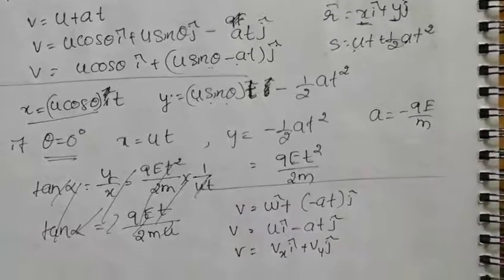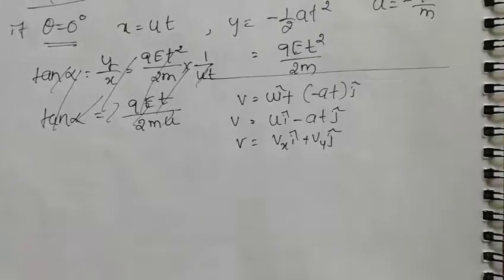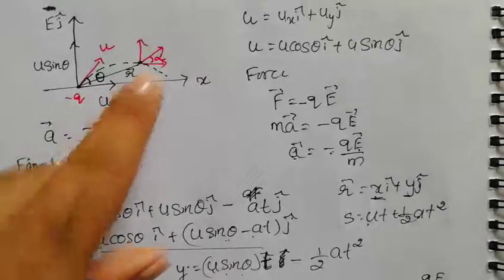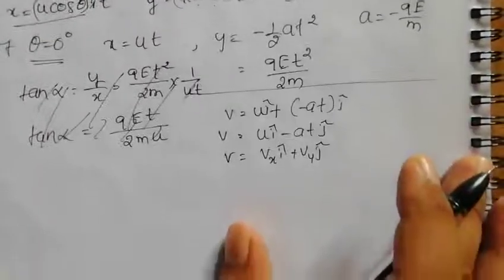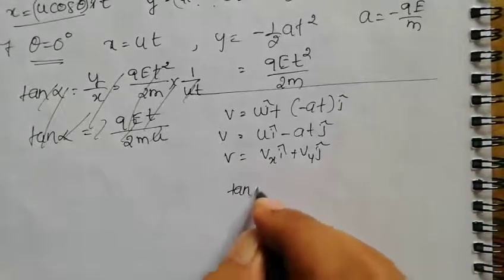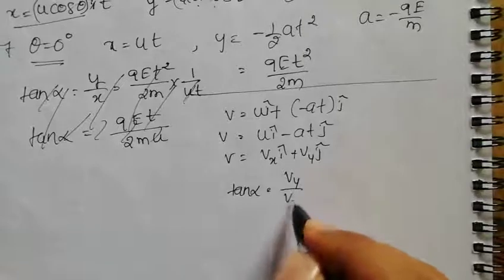Now at any point, what is the direction? What angle is it going to make? This is the angle we need to see. Let us see: tan alpha is given by the formula vy by vx.